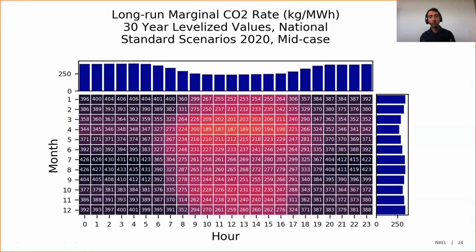And the splotch in the middle is during the day. It's basically saying those values are lower because if you consume more electricity in the middle of the day, essentially it would be served by a greater proportion of solar, certainly compared to the night, which is not solar.